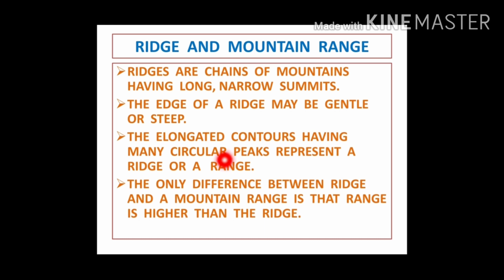So many circular peaks, you will find several small peaks, and the area will be shown with the help of elongated contours. The only difference between a ridge and a mountain is that the mountains are higher than the ridges. So the height of a mountain is always more than that of a ridge.